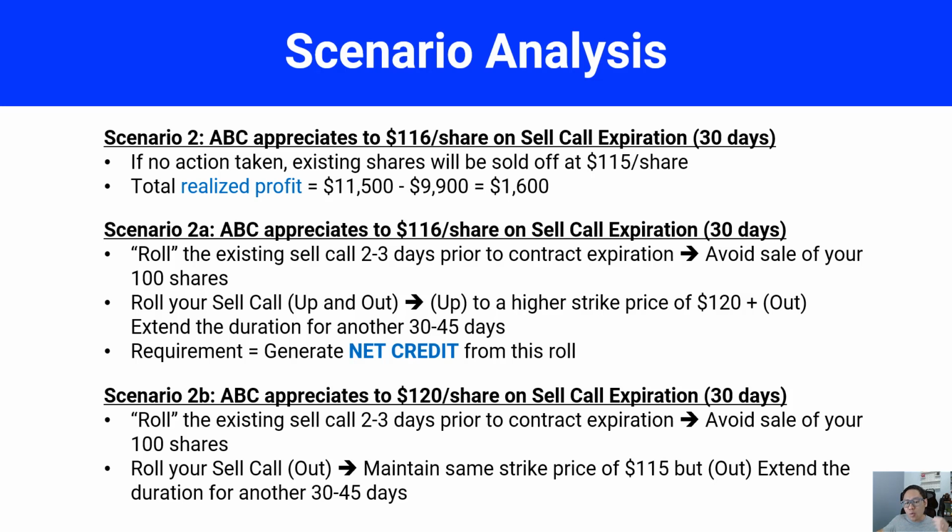You can only roll it out to a further horizon. And in doing so, generate an income from it. If you wish to increase the strike price to $120, it might result in an overall net debit or payment on your part, which is not very ideal unless you are super confident of the appreciation potential of the underlying stock ahead.